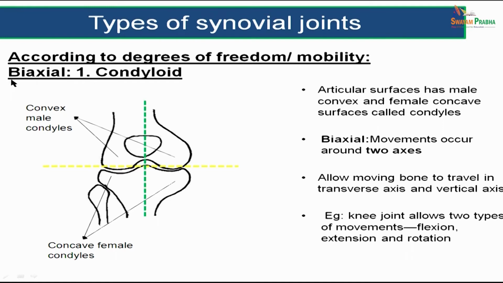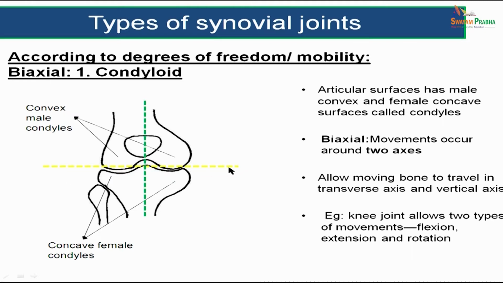Then we come to biaxial, or when there are two axes. The first variety is called condyloid joint. Now, in condyloid joint, the articular surfaces have got a male convex surface, a female concave surfaces, which are called condyles, and the movement occurs around two axes.